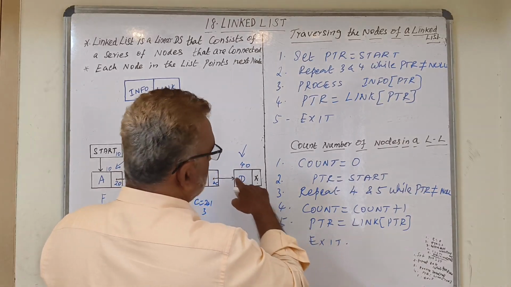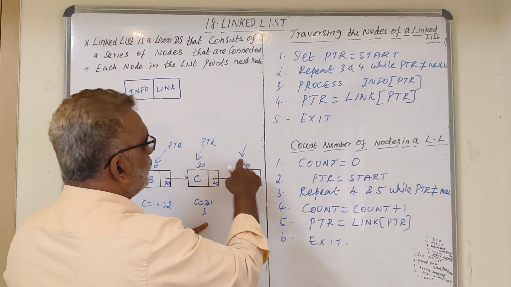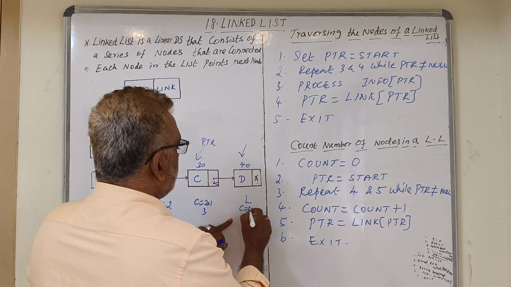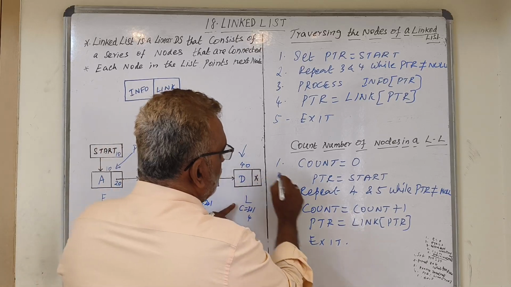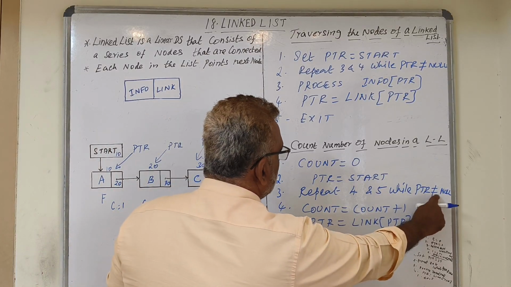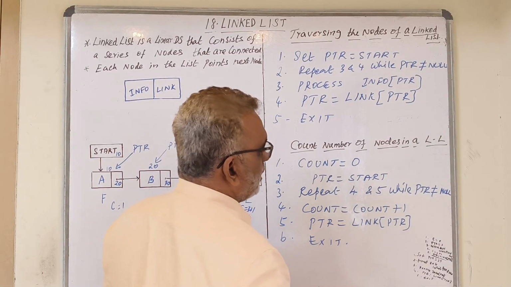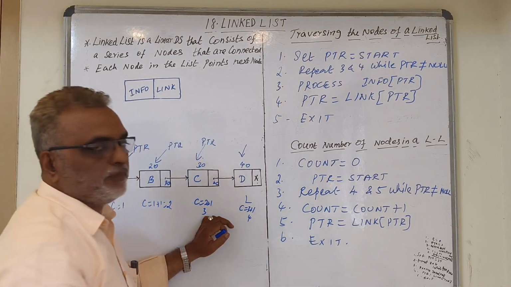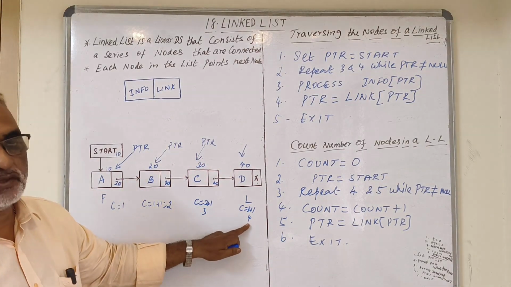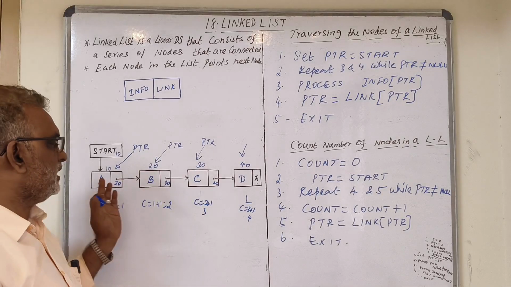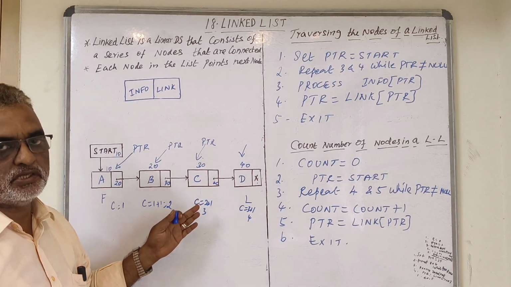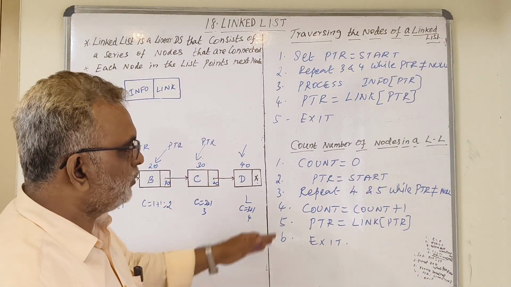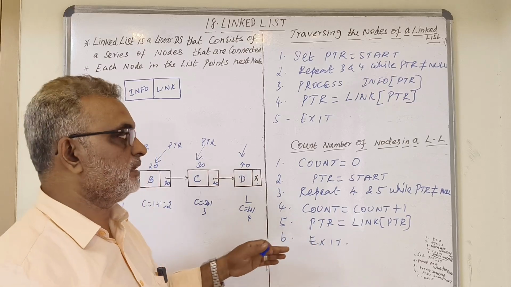Again the PTR value is moved to the next node. Here the count value is 3 plus 1, that is 4. But now you can check that the PTR value is equal to null. So here we stop the process and exit. Now the count is 4, which indicates that the given list contains 4 nodes. So this is the algorithm for counting the number of nodes in a given linked list.